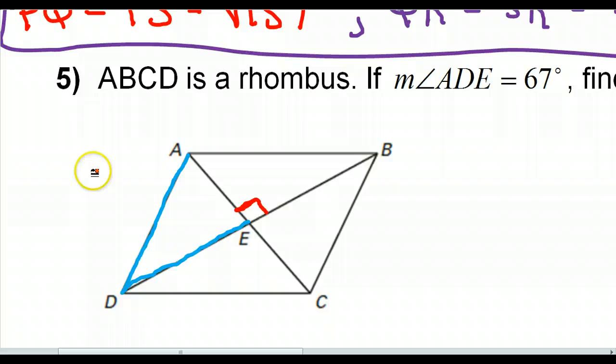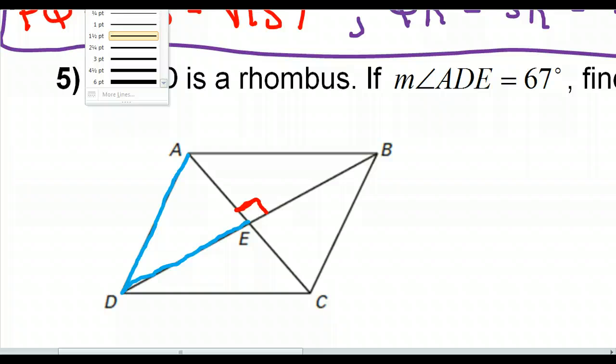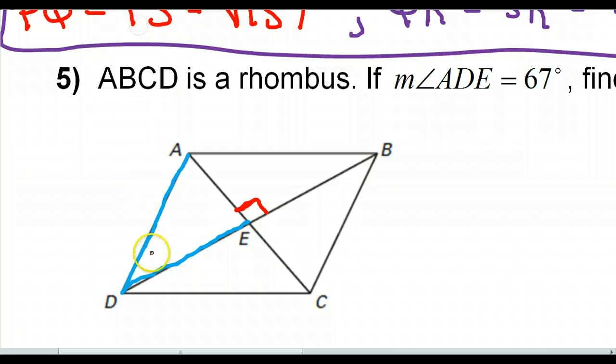That is angle ADE, and it is 67 degrees. So there's my 67.